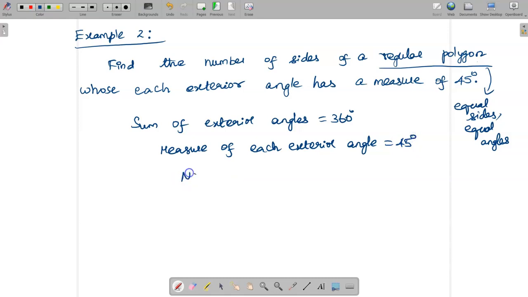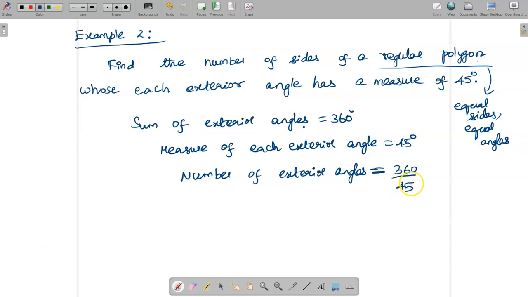So the number of exterior angles is given by the sum of exterior angles divided by the measure of each exterior angle. That is 360 degrees divided by 45.